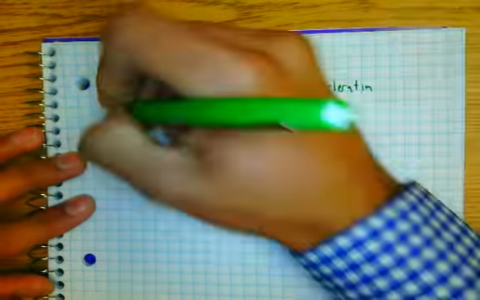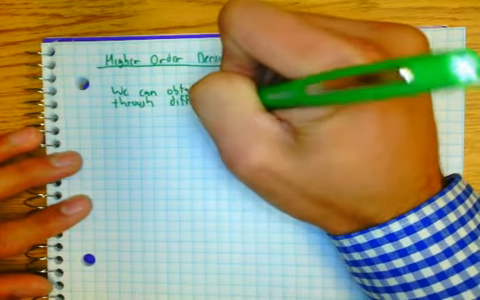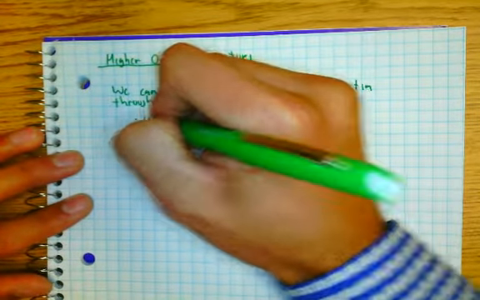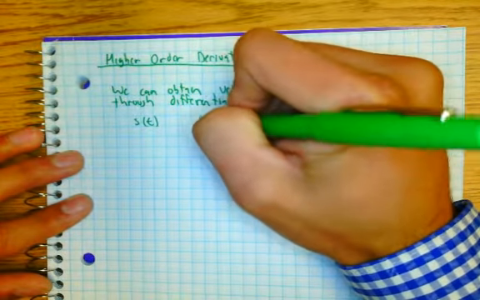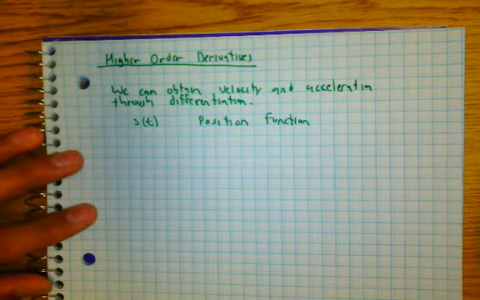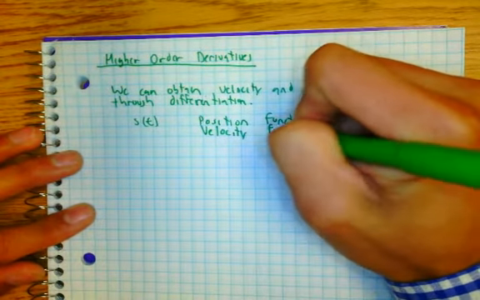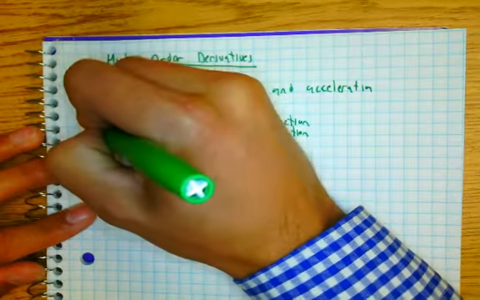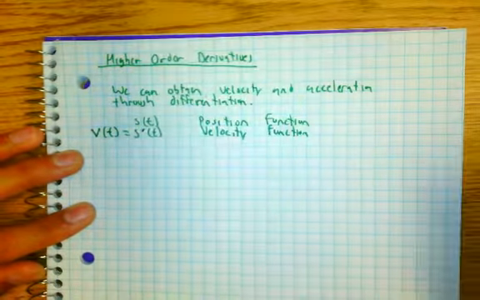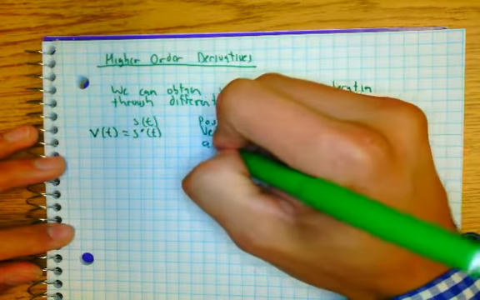To find the velocity, in other words, the velocity function, we're going to say that the velocity function is equal to the derivative of the position function. Okay? And to find the acceleration, we're going to say the acceleration in terms of t equals the double prime derivative of the position function. Yes, sir.